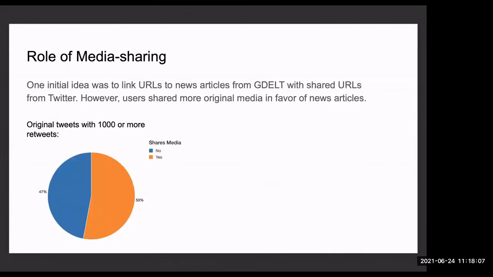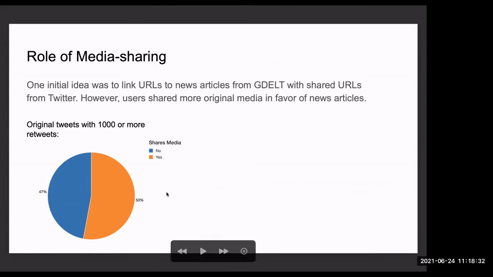The original idea was to link URLs in Twitter. People would share news articles, and we would try to find those news articles in GDELT and say something about that. But it was quickly found out that people really don't share news that much in this data set. What was shared was actually media, as in videos and pictures.